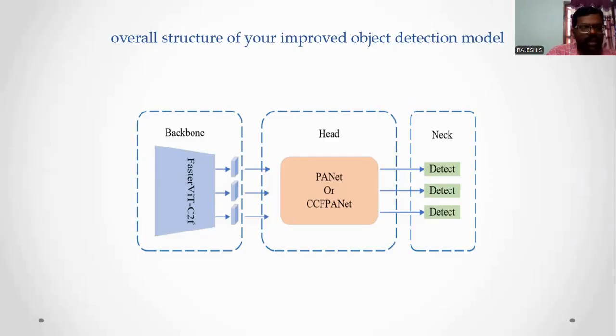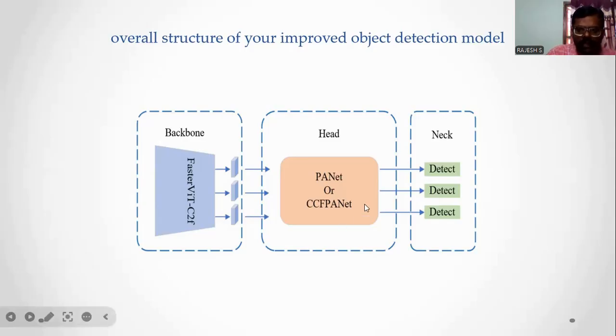One detection output is for small objects, the second is for medium objects, and the third is for large objects.